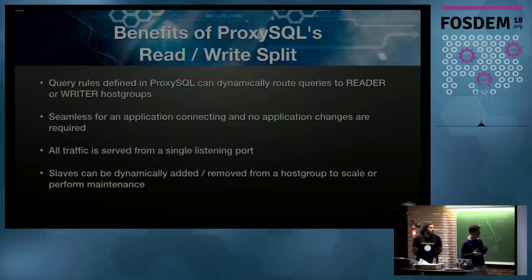The big benefit is that we don't have to make application changes in order to route our read queries to a slave or our writes to a master. All traffic is sent to a single IP, to a single port, so you don't have to reconfigure it on failover. And we can dynamically modify the configuration in ProxySQL to take slaves down when we need to do maintenance, and to add more slaves when we need to scale.